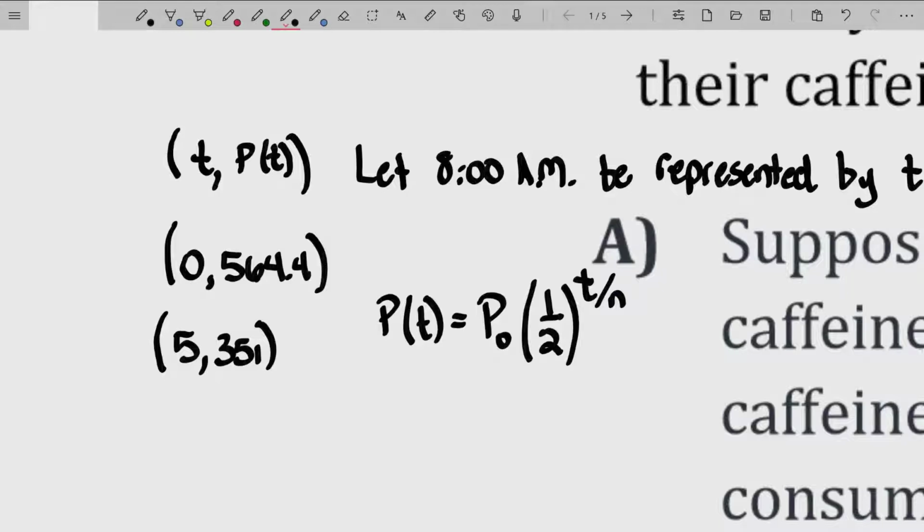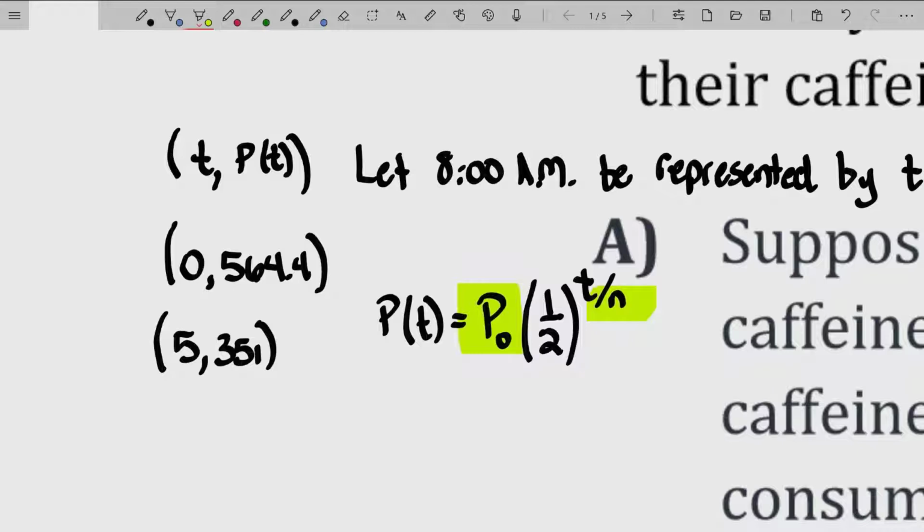Notice how many unknowns are actually in this problem. There are 2 specific unknowns. I'll highlight them. We do actually know what P naught is, but for this formula, it looks as though we don't know P naught and we don't know n. T and P of t are the variables in the problem.